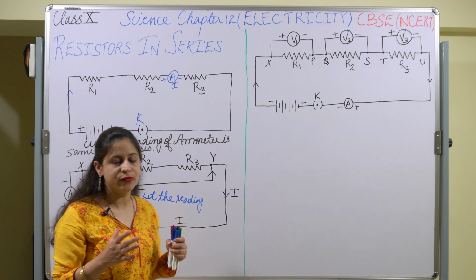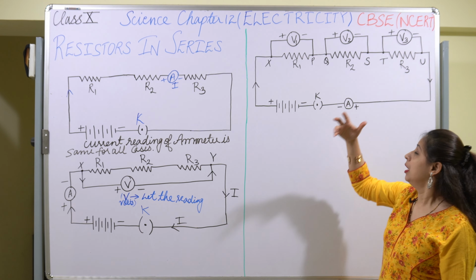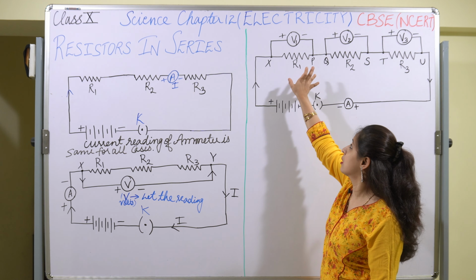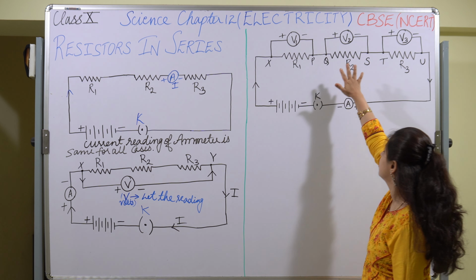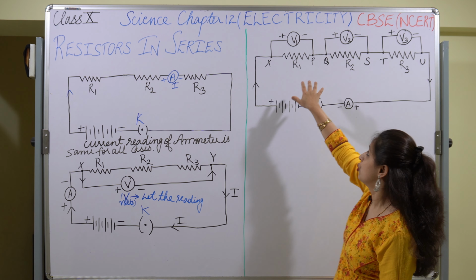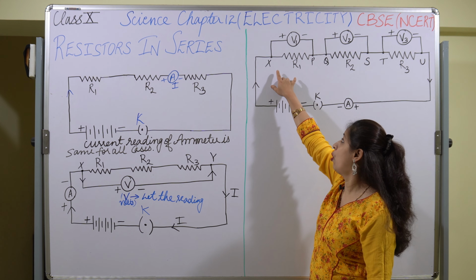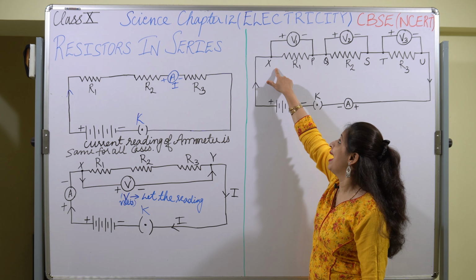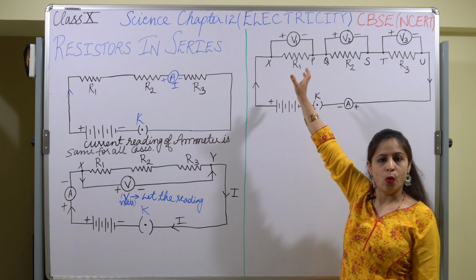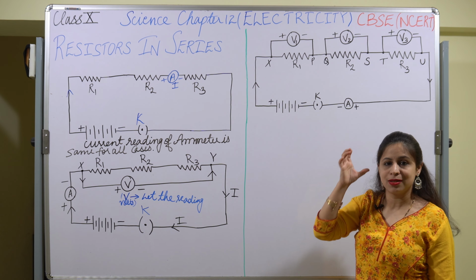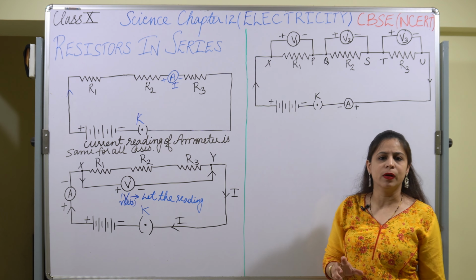Now, as we have done with the current, remove this voltmeter and individually check it across the resistances. Don't look at V2, V3 right now, just concentrate on V1. Place the voltmeter across R1, between the endpoints X and P, and take the reading.